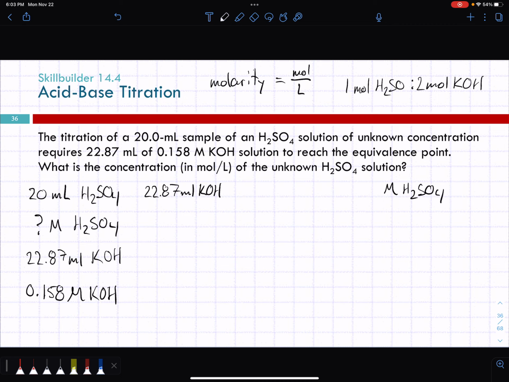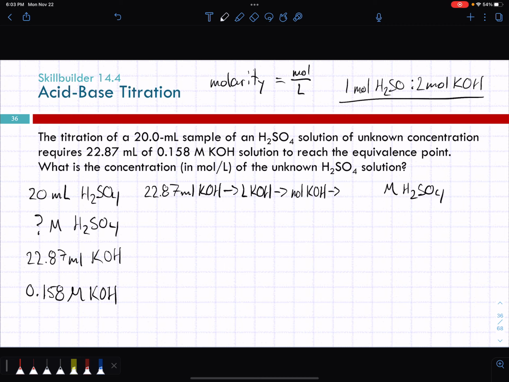So this will be the solution diagram we're going to do first. If we're starting out with mils of potassium hydroxide, what's our first step going to be? Convert it to liters. So we're going to go to liters of KOH. And then we'll use molarity to get moles of KOH.